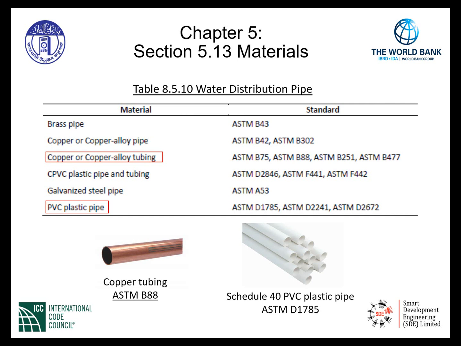Schedule 40 PVC plastic pipe has the standard ASTM D1785 for that particular material. As you can see, there are different standards, and the designer must pick or select the correct standard based upon the piping that is being designed for the water distribution system.